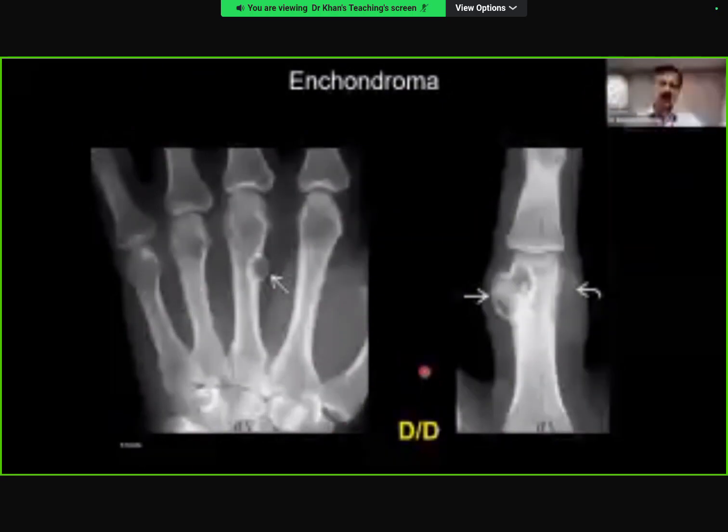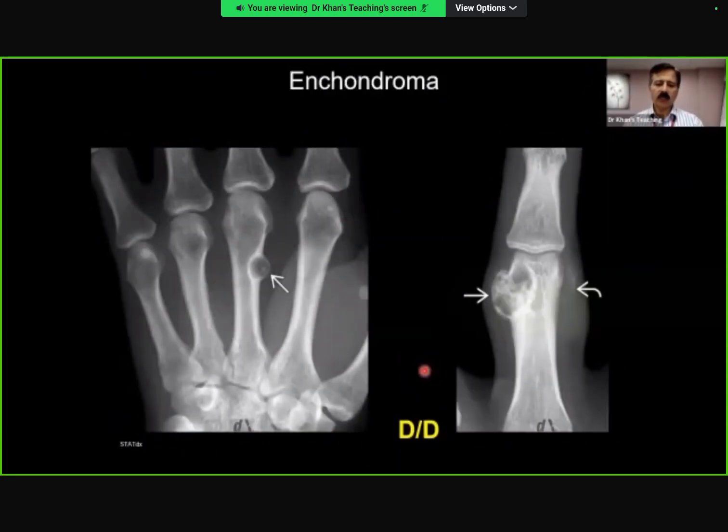One special type of enchondroma, which I'm showing you here, and then I'll show you the exam cases. But if you have this concept, only then you will understand what happens. This is a type of enchondroma known as enchondroma extuberans. So it arises from the cortex and it can grow outwards.